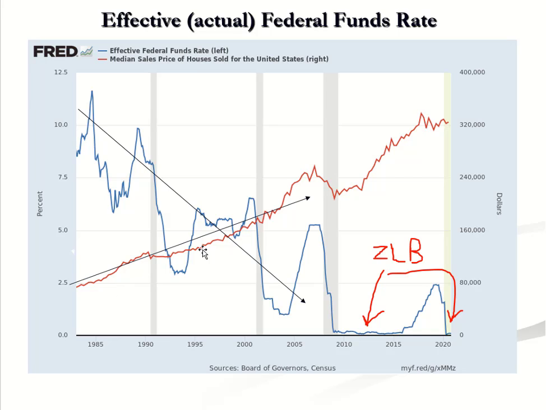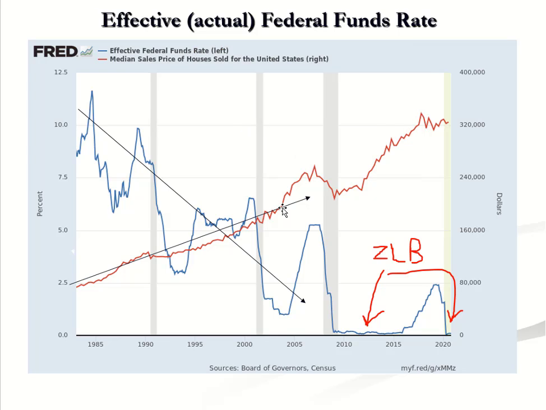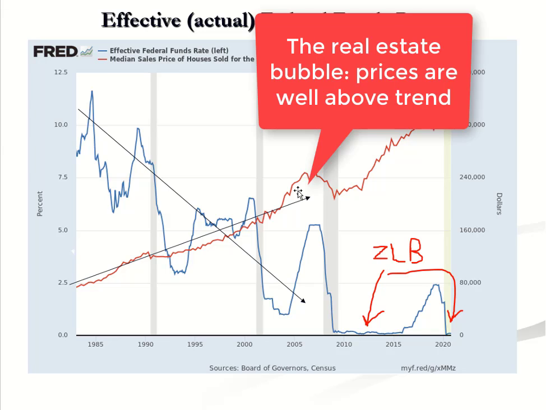And in the red line here, you see real estate prices, and you see the trend in real estate prices denoted by this black arrow here. You see an upward trend, and then you see what I will refer to as a bubble in the real estate market happening before the Great Recession. And what's a bubble?